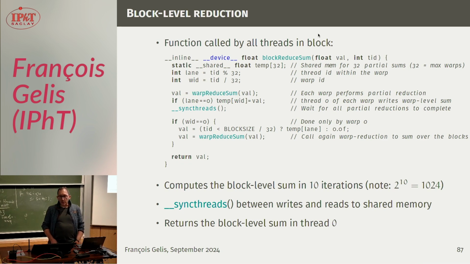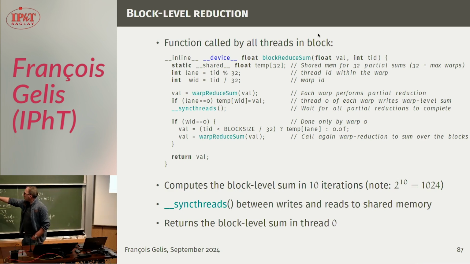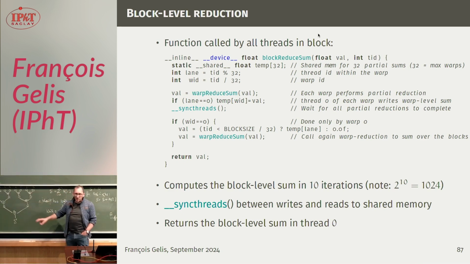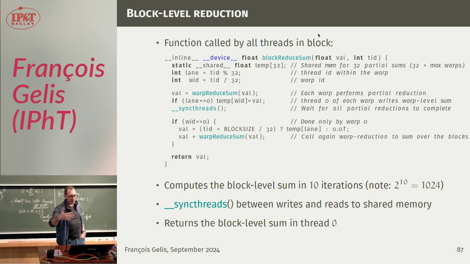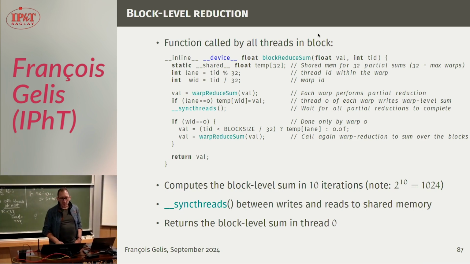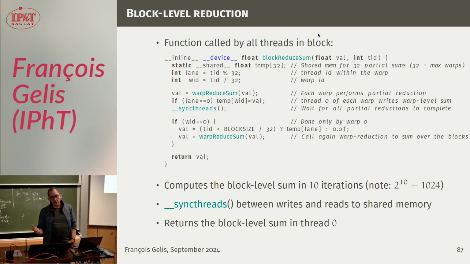And the total number of steps required to sum all the numbers in the block is like calling twice this function that has a reduction in a warp. So it has 5 steps each. So in total, you will need 10 iterations.